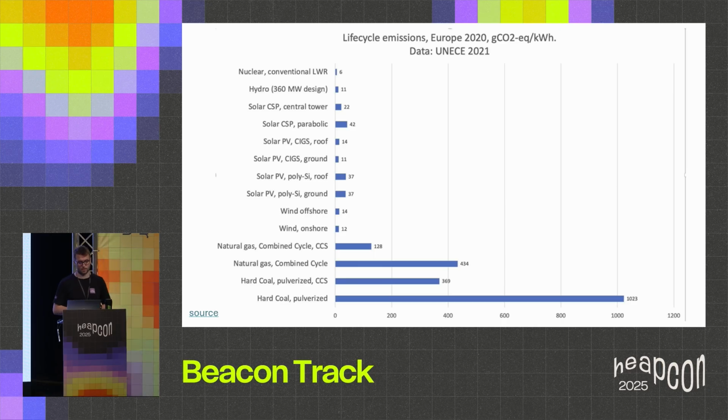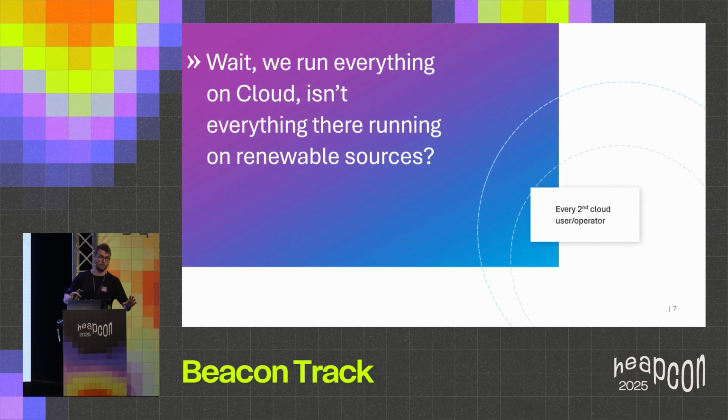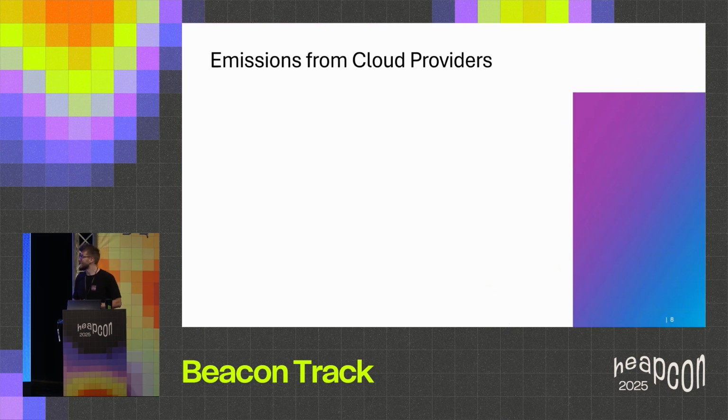So that's quite much. But wait, okay, somebody may ask, okay, we are running everything on cloud. Do we actually not need to care about it? Are we running on renewable sources? Well, yes and no, because every cloud provider is environmentally responsible in their own way. What does that mean?